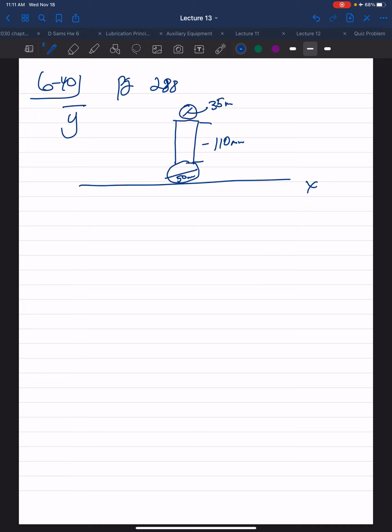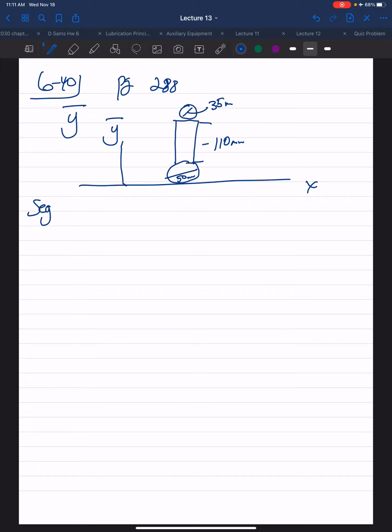So if this is our x-axis, then the coordinate y bar of the composite shape, which consists of a large circle, rectangle, and small circle, will be some distance up from the x-axis.